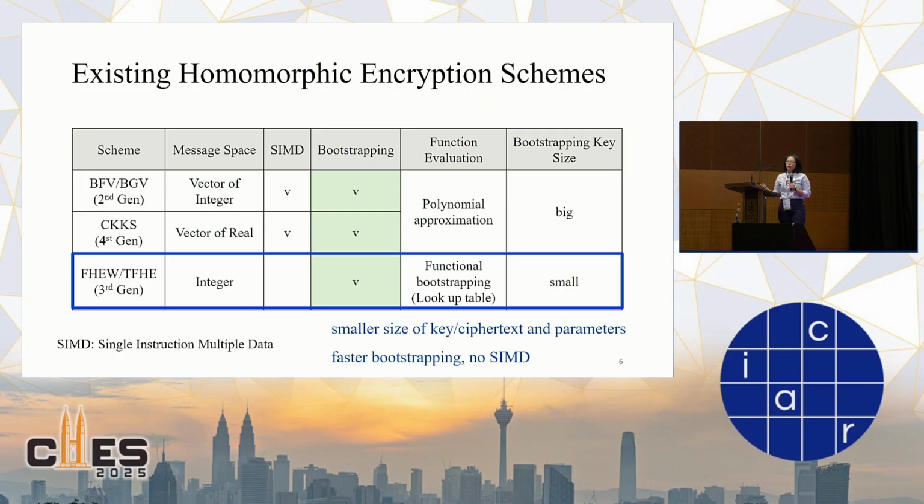We choose FHEW and TFHE for 2 reasons. One reason is they use smaller keys and parameters, which fit better within the GPU memory constraint for efficient implementation. Second, they offer faster bootstrapping than other schemes.